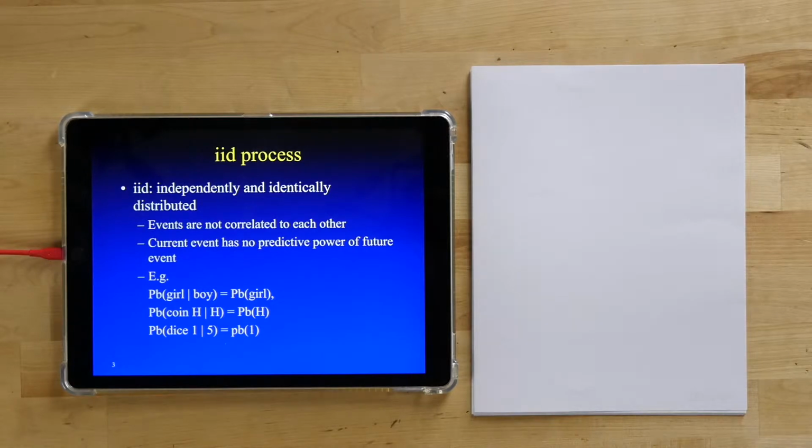The third example is, if I have a dice, knowing that the previous dice I got a 5, what is the probability of getting a 1 this time? And you know it's just a probability of 1/6. And so the previous die toss is not influencing. And so these are independently and identically distributed processes.